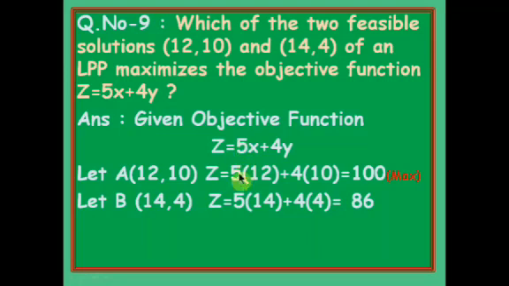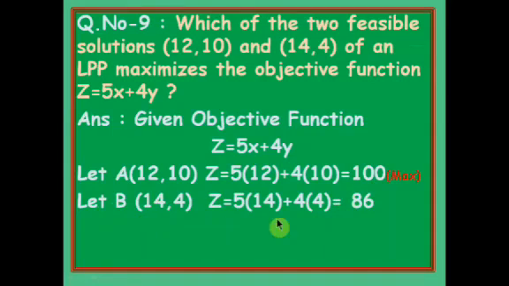Here 5 as it is, and in case of x, 12 is being put, plus 4 as it is. In place of y, 10 is being substituted. 12 multiplied by 5 is 60, plus 10 multiplied by 4 is 40. 60 plus 40 is equal to 100.